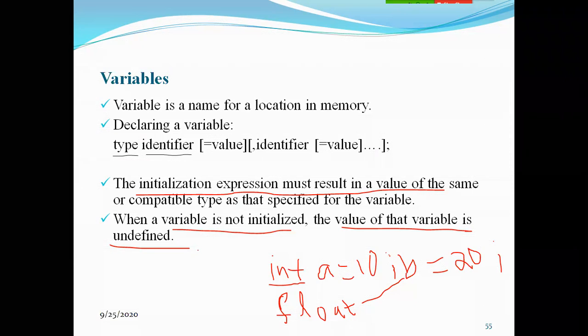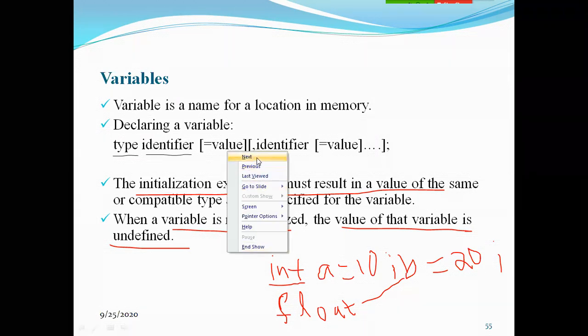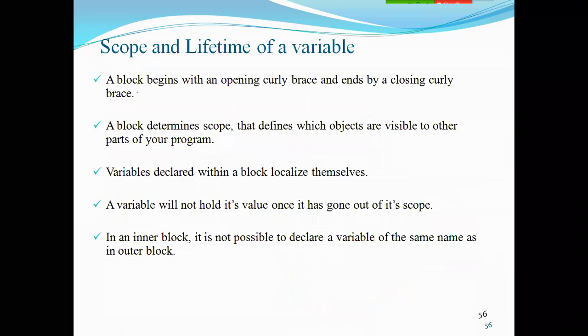Suppose we have a for loop, and inside the for loop you declare the variable int a. You can print or access that value within that particular block, but you cannot access it outside the block. If you want to make the variable accessible throughout the program, you have to declare it as a global variable. That indicates the lifetime of the variables.